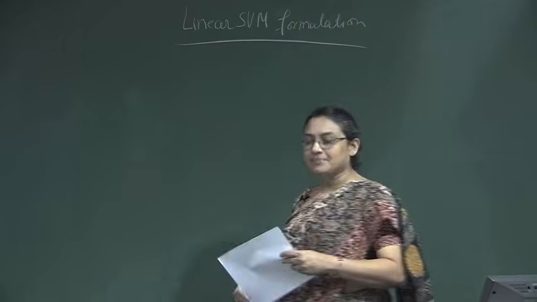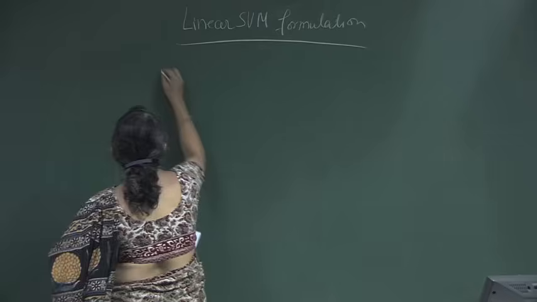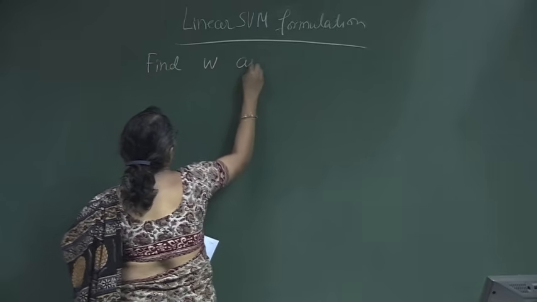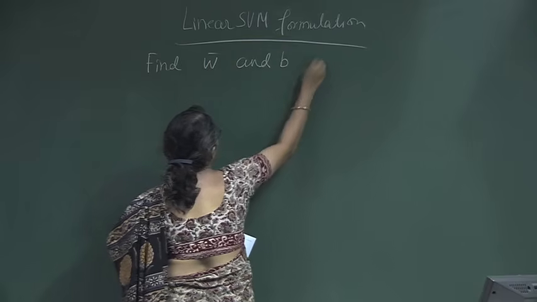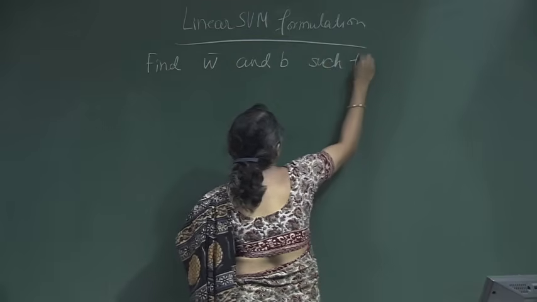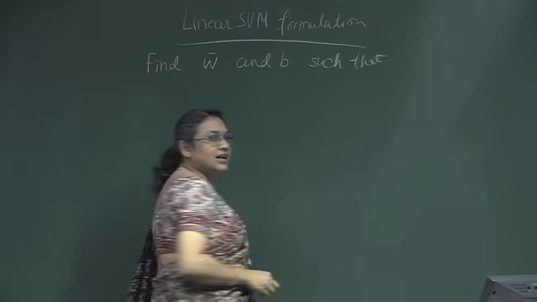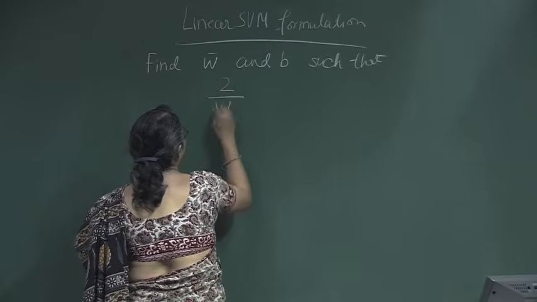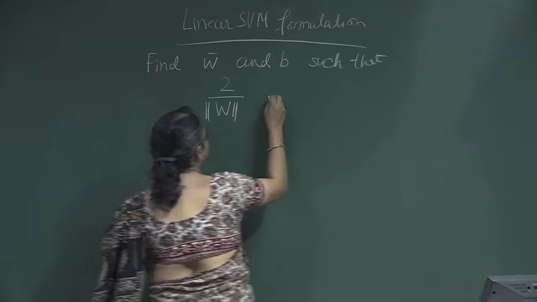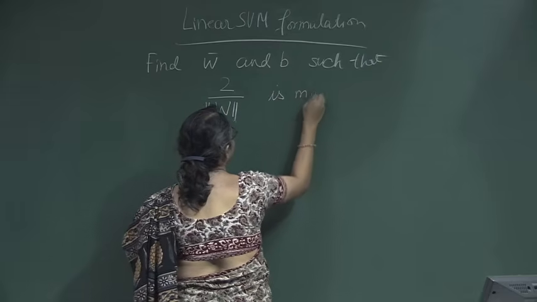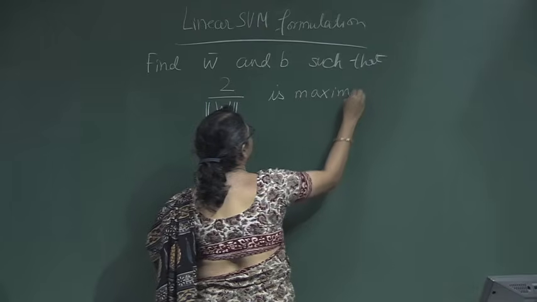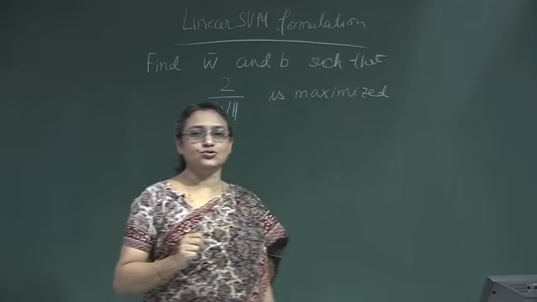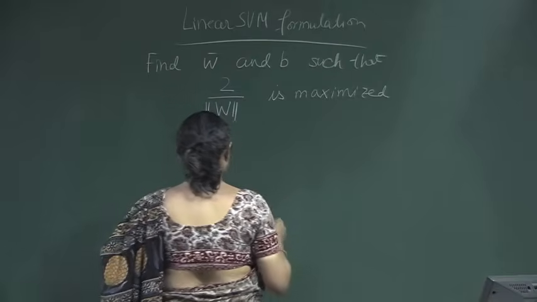So, if we look at the linear SVM formulation that we did in the last class, we had this optimization function which required us to find the weight vectors W and b such that the margin width is maximized. So, the margin can be written like this, 2 by ||W||. So, this is maximized subject to M constraints corresponding to each training instance.